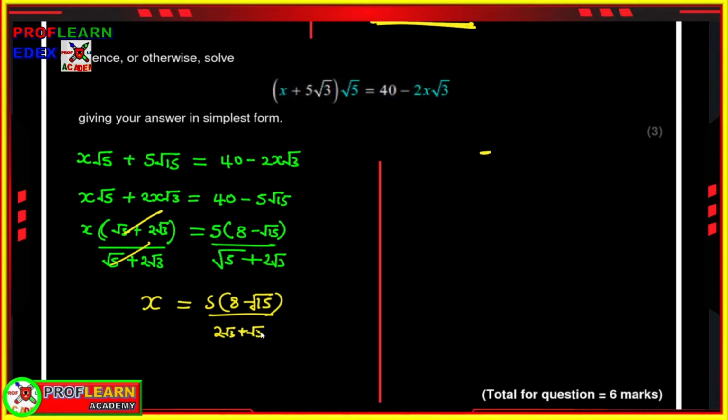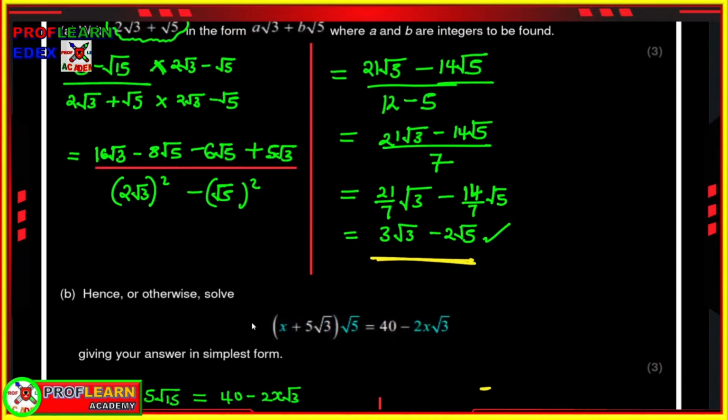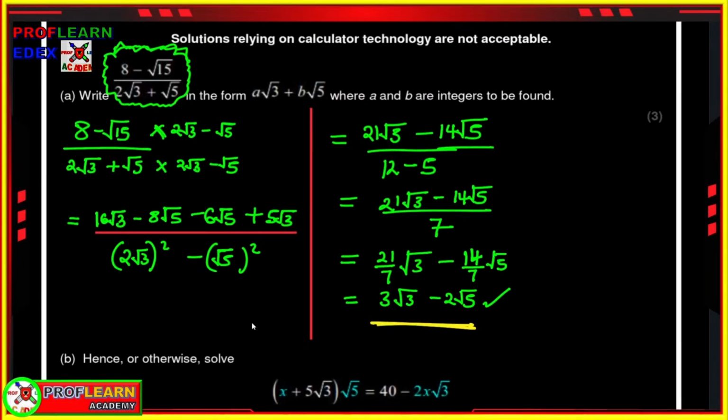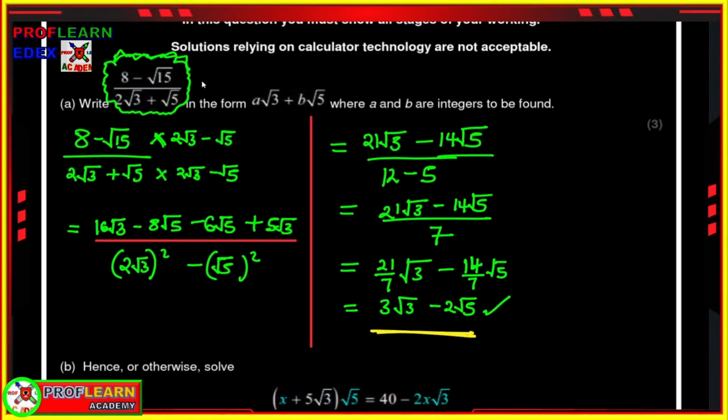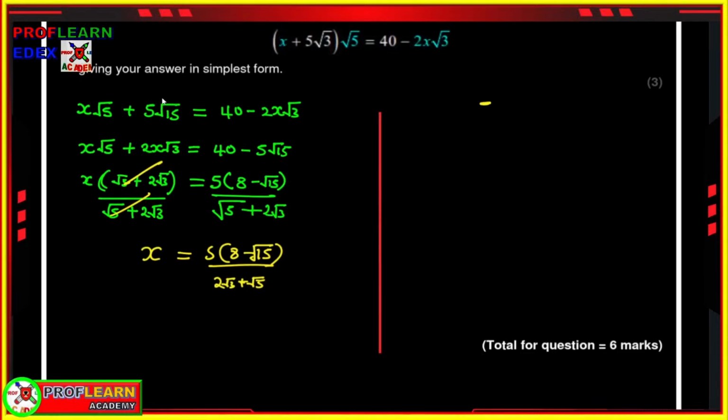Now I want you to look at this expression that we have here and the expression that was originally given. The question that was given was (8 minus root 15) over (2 root 3 plus root 5), and that is exactly what we have in this particular section.